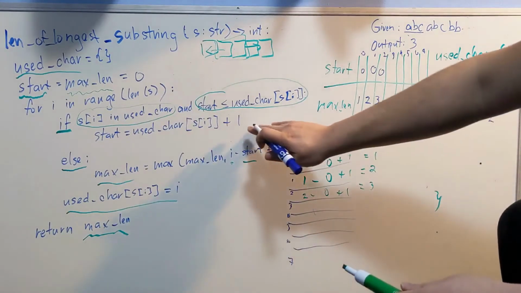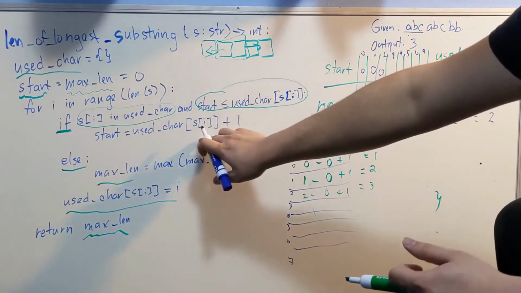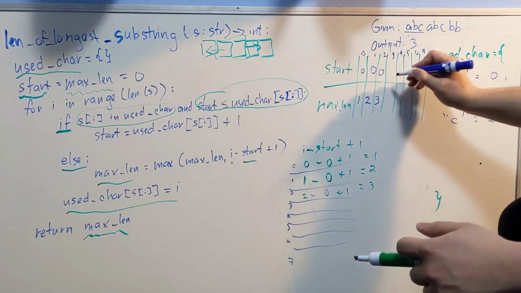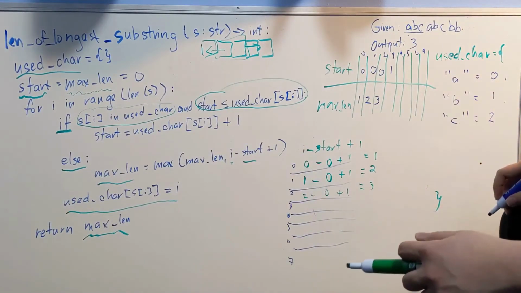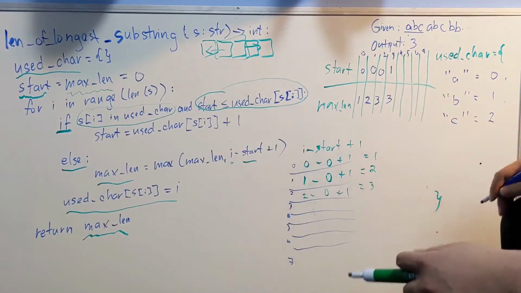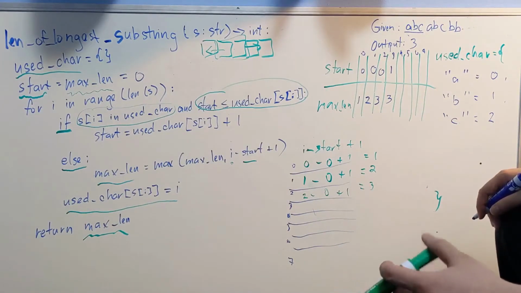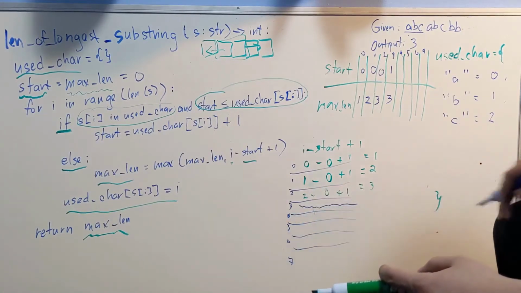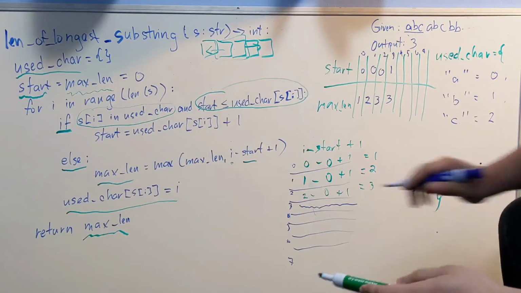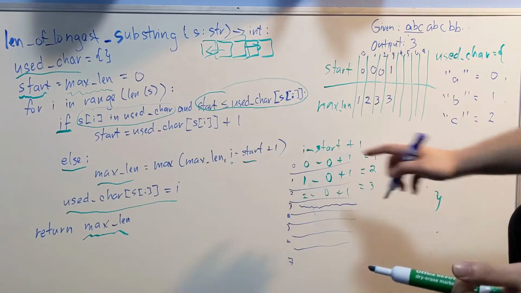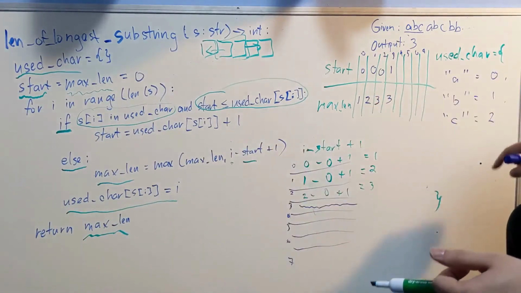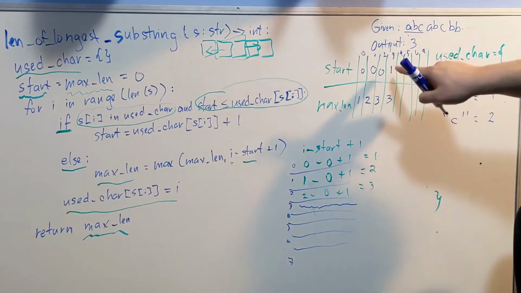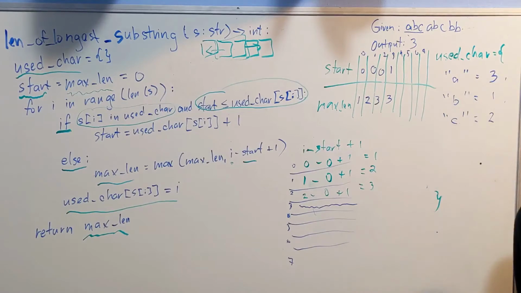Now we update start equals the value of this key, which is 0, plus 1. Now start is here. Maximum length was not updated in this loop. But we still update the dictionary: is a in the dictionary? Yes. Let's update this to the current position of i. We're at 3, so this becomes 3.